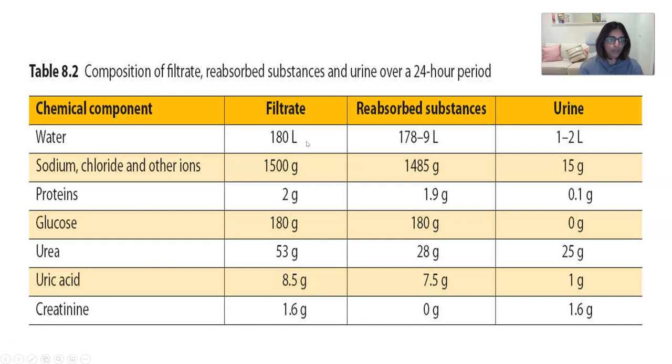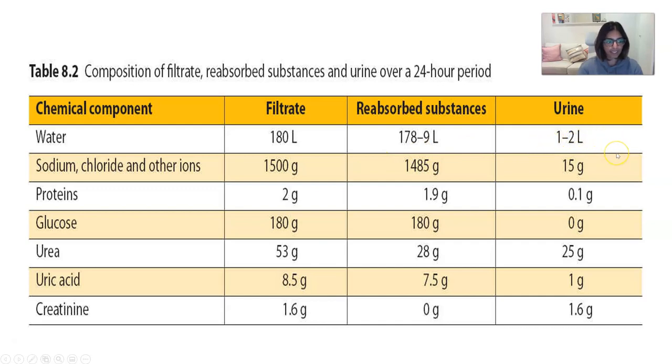What it's showing you is that this blood is constantly being cycled and filtered to the point where you end up with a volume of about 180 litres of blood going through those kidneys each day. Most of that is reabsorbed back into the bloodstream, and about 1 to 2 litres is excreted as urine depending on your fluid intake.